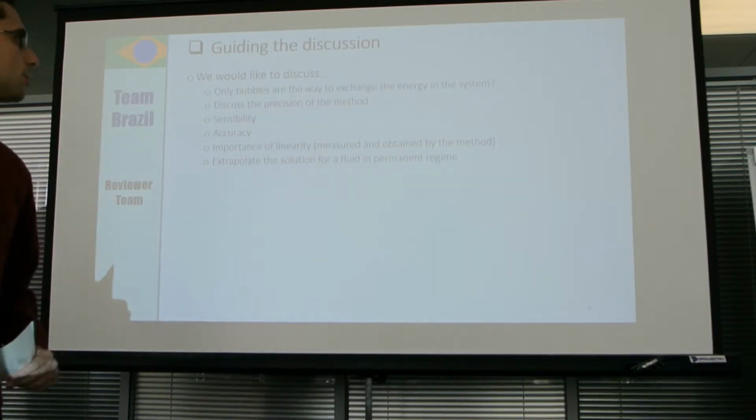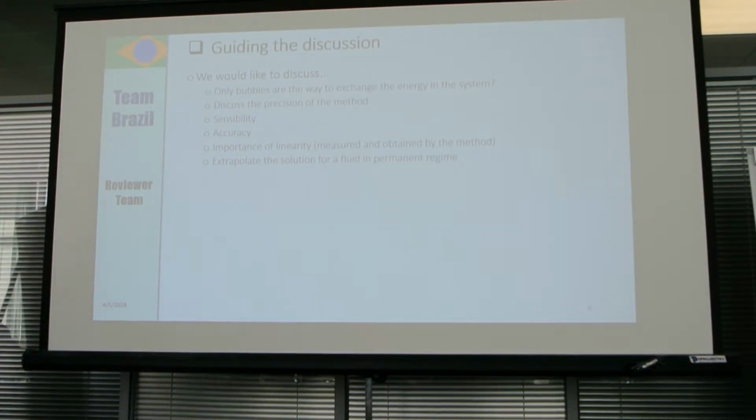So, about the discussion, we would like to guide the discussion firstly like this. Are bubbles the only way to exchange energy in the system? Can we separate the phenomena that are happening and only analyze bubbles? Can we discuss the precision of the method due to what they have measured? Is the sensibility always constant? What is the importance of it?